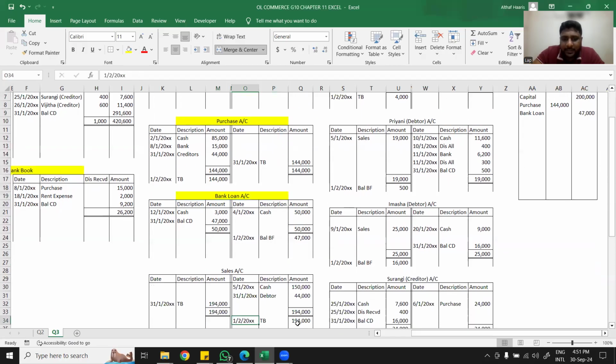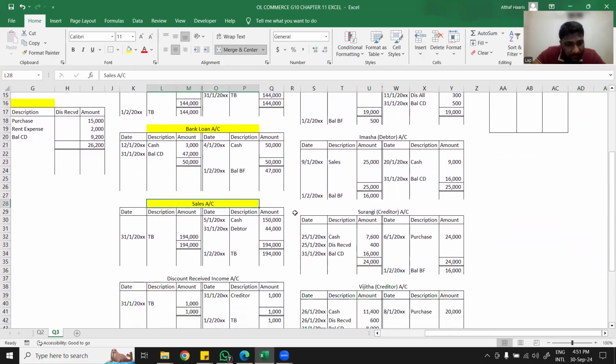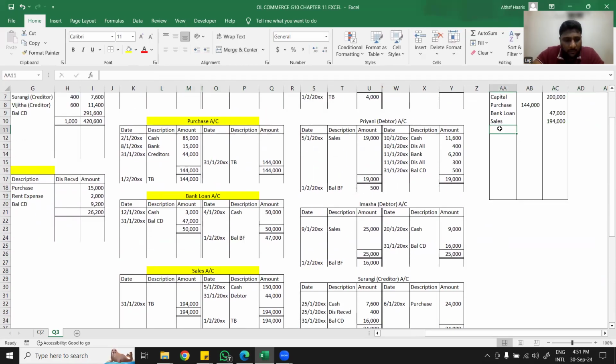Sales here, see credit side. Income, no, Lamai. Sales, income, credit side. Then discount received also income, no, Lamai. Credit side.